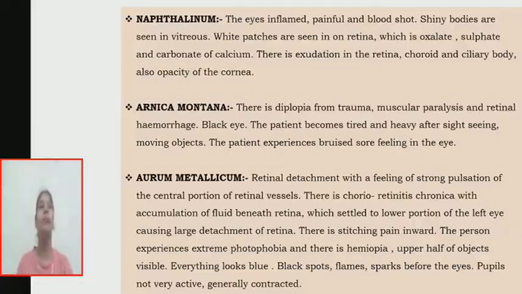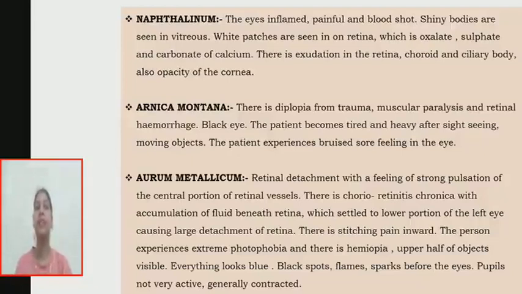Aurum metallicum. Retinal detachment with a feeling of strong pulsating of the central portion of the retinal vessels. There is chorioretinitis, with accumulation of fluid beneath the retina, which settles to the lower portion of the left eye, causing large detachment of the retina.